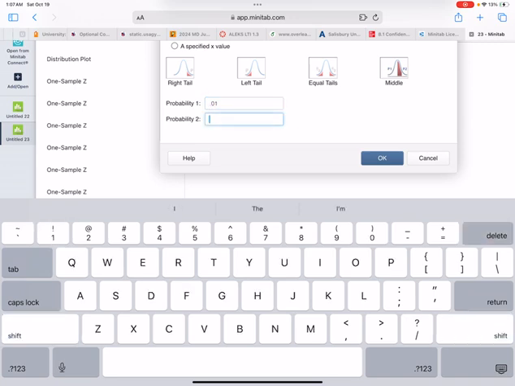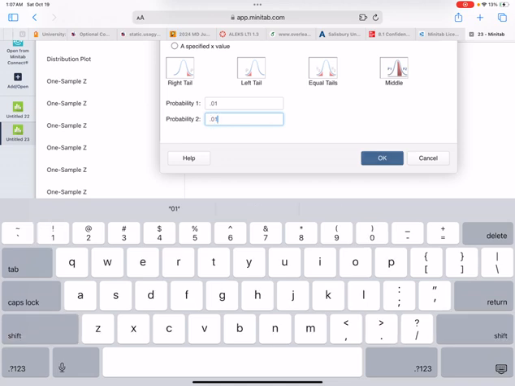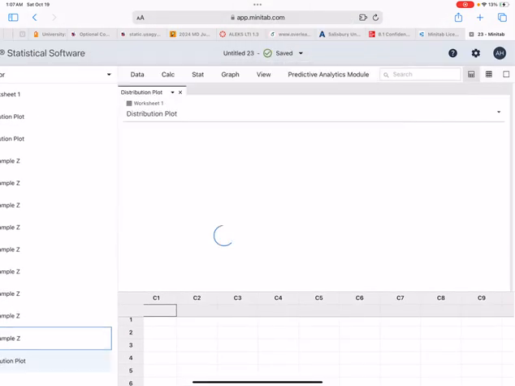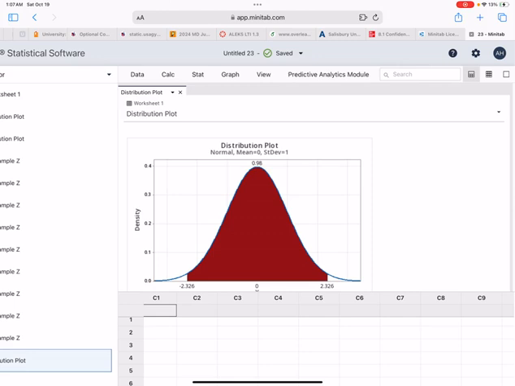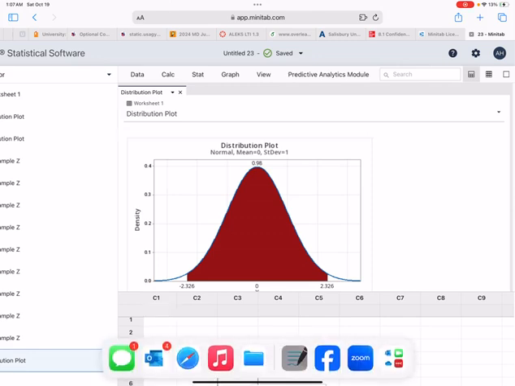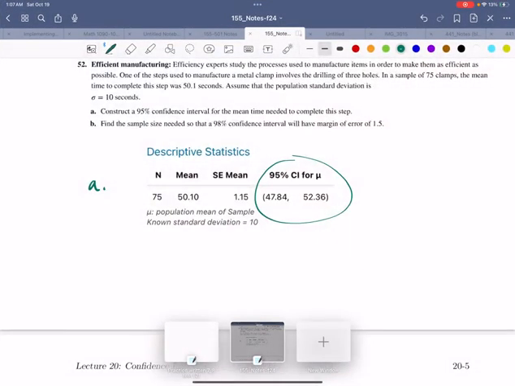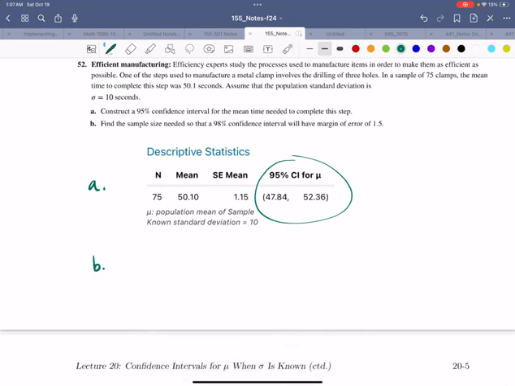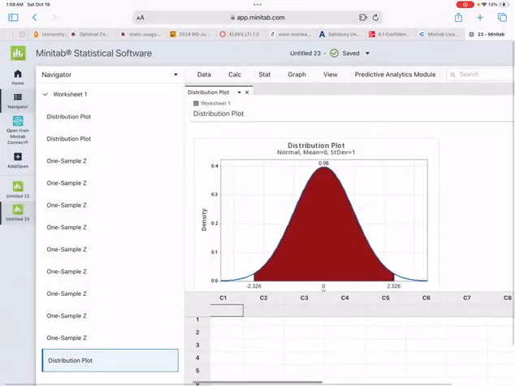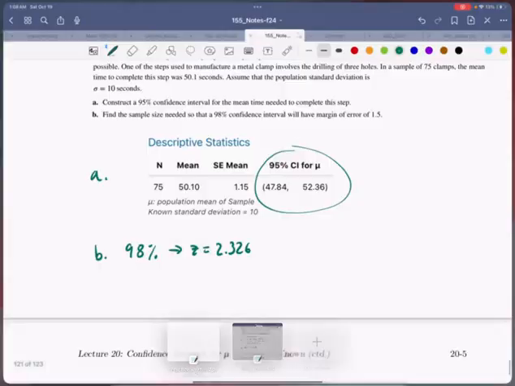Because that's the remaining area on either side of 0.98. So it looks like it's 2.326. So for B, 98% leads to Z equaling 2.326. Did I remember that correctly? Yes, I do.